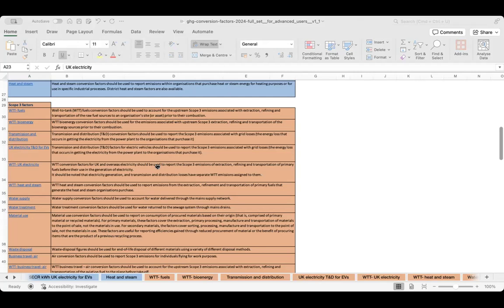So if your organization chooses to include WTT emissions, be specific about it. My company is very cognizant of the fact that refinery and exploration unit is not the only consideration. My consideration is well to tank WTT emission, and that also is an important factor to look into. So this is the full fuel life cycle and not just the tailpipe emission you are targeting here.